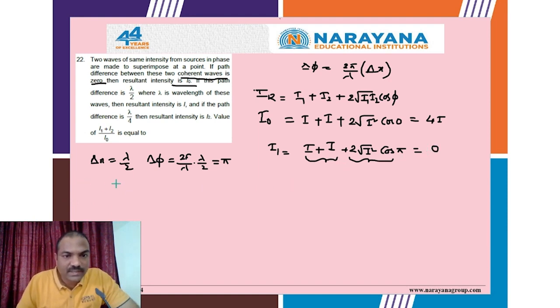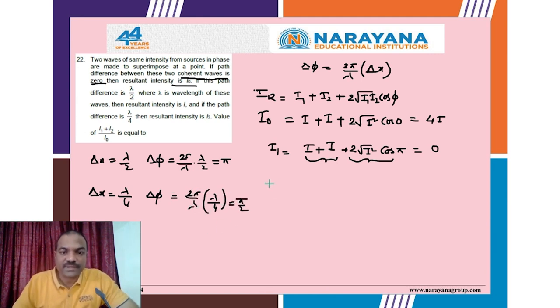So similarly, when path difference is lambda by 4, they are saying that resultant intensity is I2. So for lambda by 4 path difference, let us calculate what is the phase difference. So delta phi is equal to 2 pi by lambda into lambda by 4. You will get pi by 2. This is the phase difference. Then resultant intensity I2 is equal to I plus I plus 2 root I square, okay, cos of pi by 2.